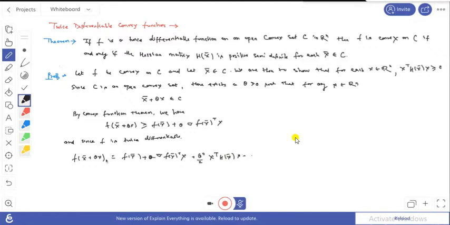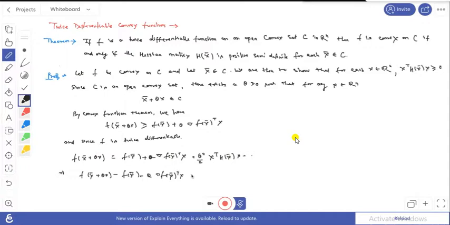Okay, so you can write f(x bar plus theta x) minus f(x bar) minus theta gradient of f(x bar) transpose x.